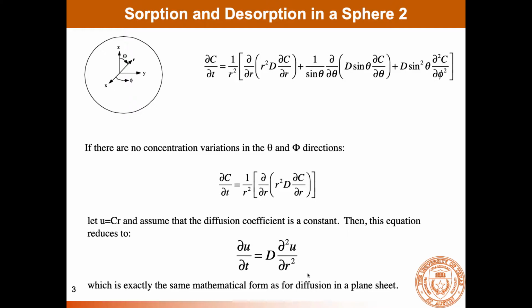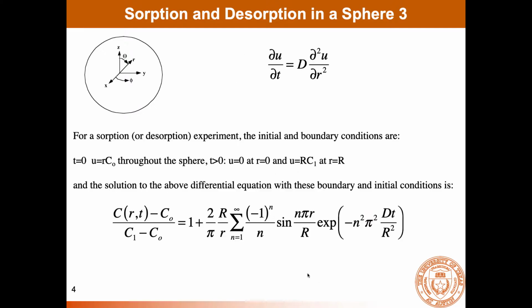And this one then looks like a plain sheet equation, right? So you go back to a lot of those plain sheet solutions have analogs in spherical systems. And so for sorption or desorption experiments, the initial conditions are that at t equals 0, u is equal to r times c0.